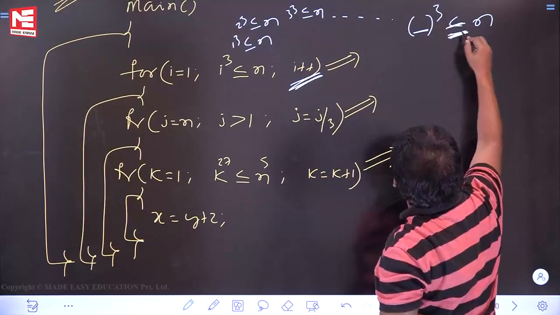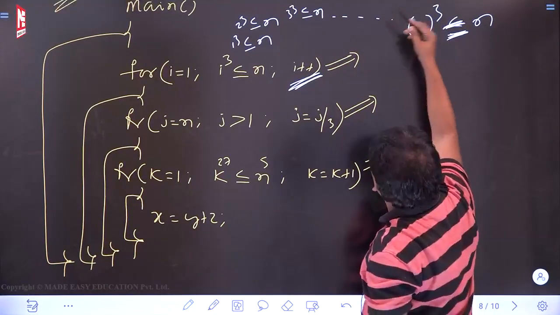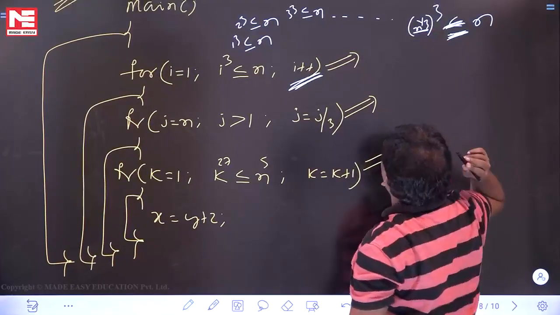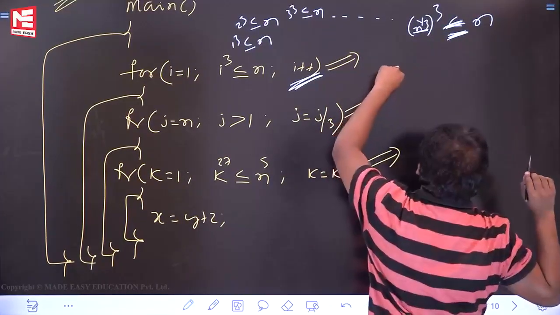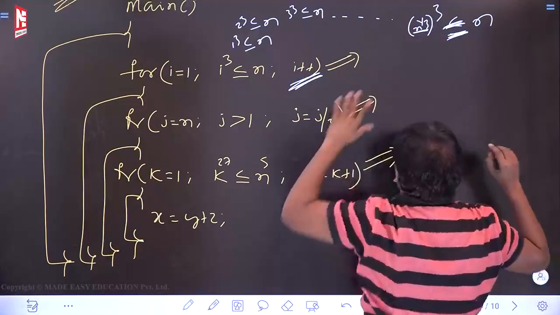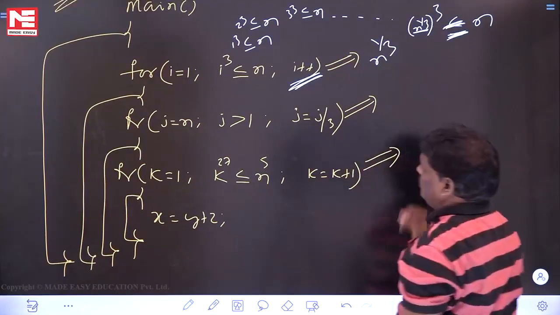Suppose k is n power 1 by 3. Then n power 1 by 3 whole cubed gives n, so both cancel. That indicates that this loop runs n power 1 by 3 times.